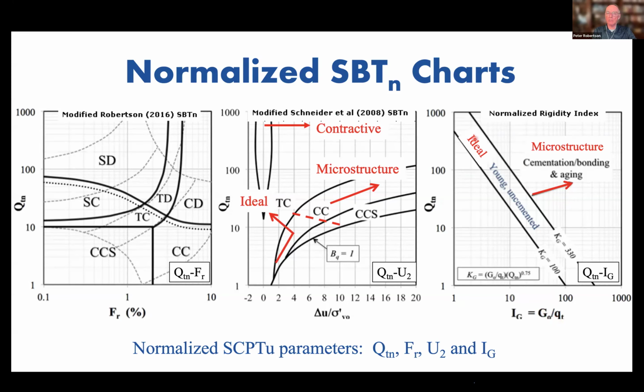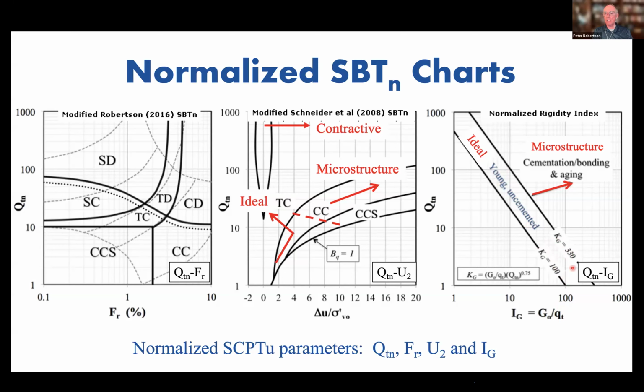And what we found is that when the normalized tip resistance is very high, this rigidity index is generally pretty low. And when the cone resistance is very low, the rigidity index is a little bit higher. In other words, the stiffness to strength ratio is a little bit higher. And so what we found is that most young, uncemented, ideal soils fell within a relatively narrow range.